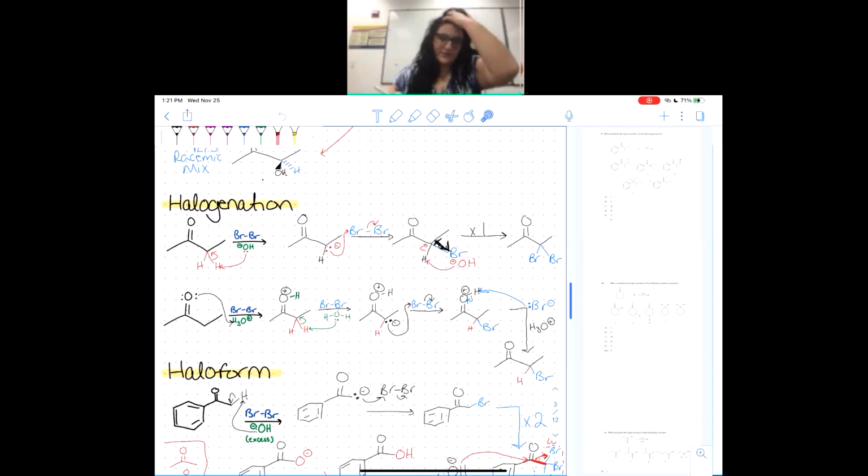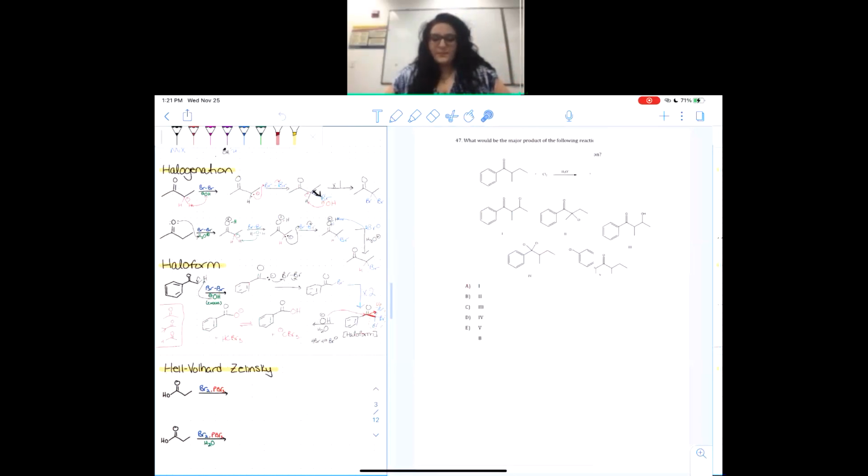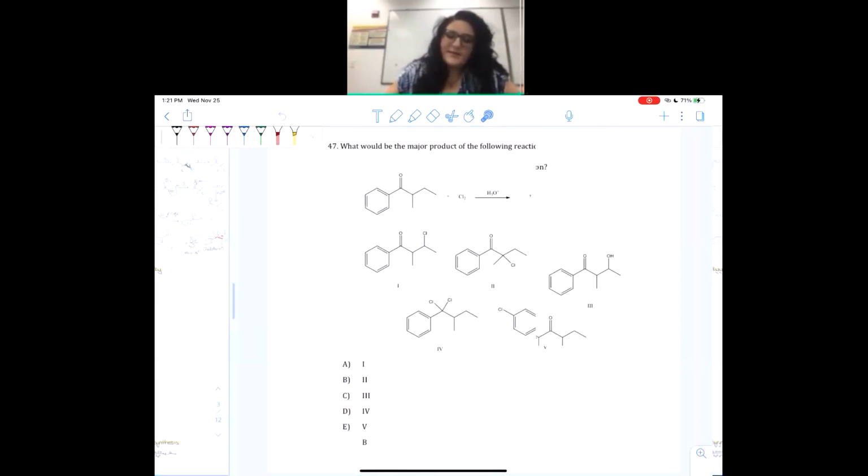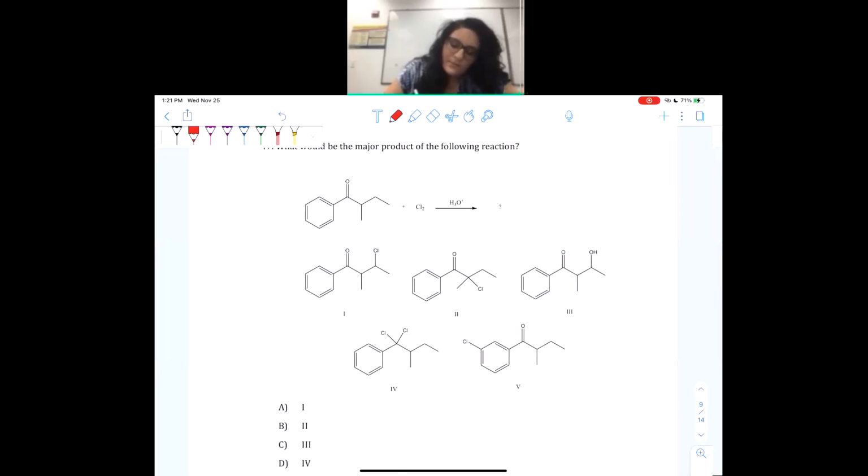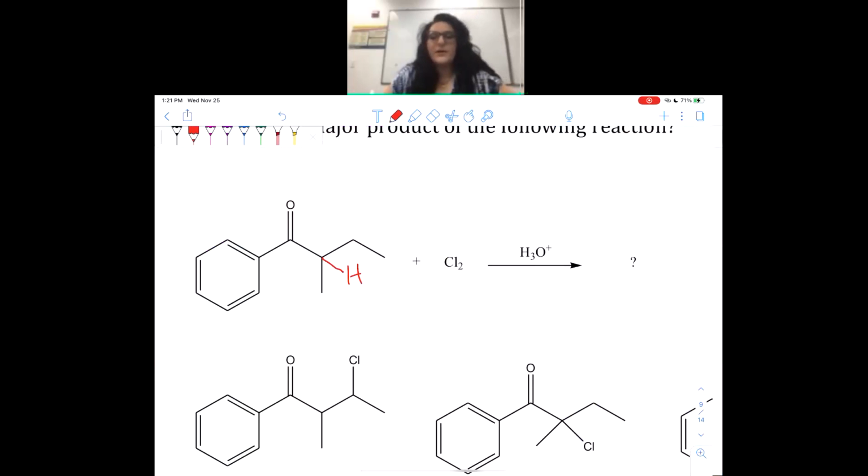Make sense? Okay, sweet. So I'm going to close this setup. So in this example, we have one hydrogen again. So if we have H3O+, I'm going to redraw it just so there aren't weird arrows.